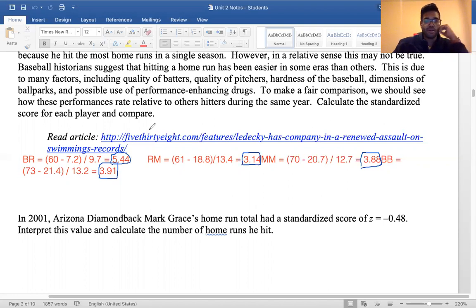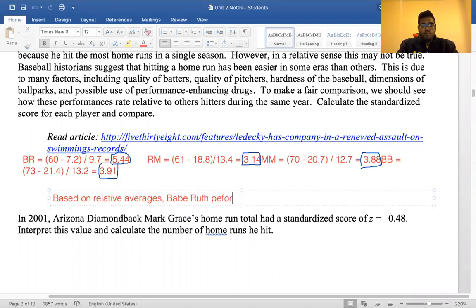So we can see that, based on relative averages, Babe Ruth performed the best when compared to others in his year. He had the highest z-score value.